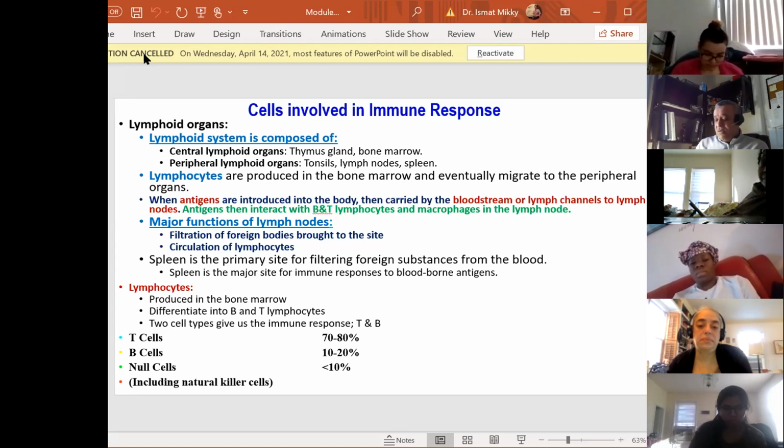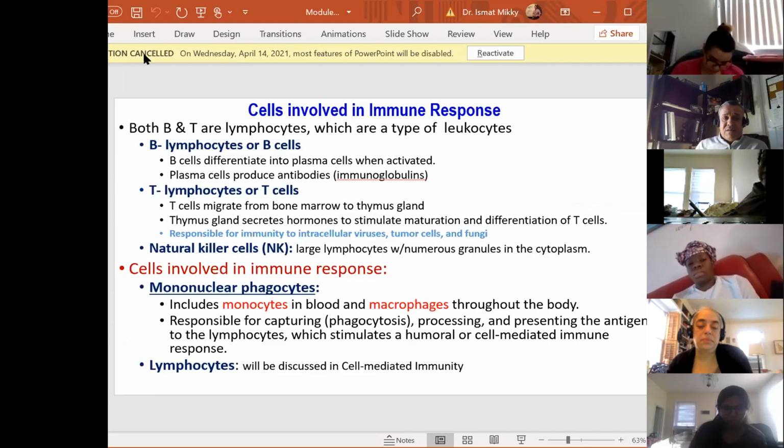Most of the cells are T cells. And we said that the B lymphocytes are also called plasma cells, able to produce the antibodies or the immunoglobulins.